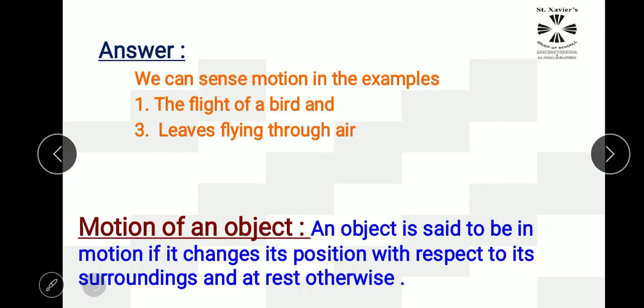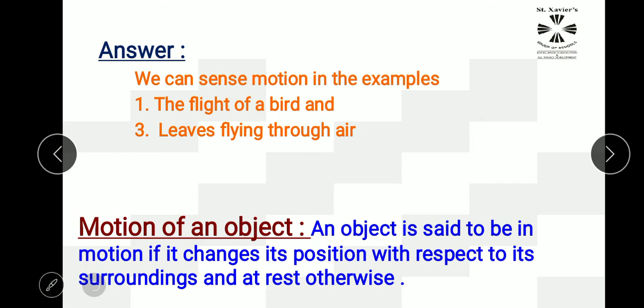So our answer is, we can sense motion in the flight of a bird and leaves flying through air. In the other two, when the train is stationary and when the stone is lying on a hill, there is no motion.